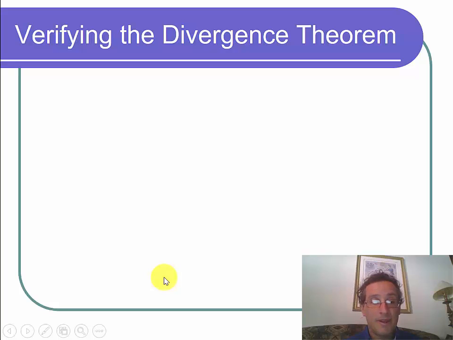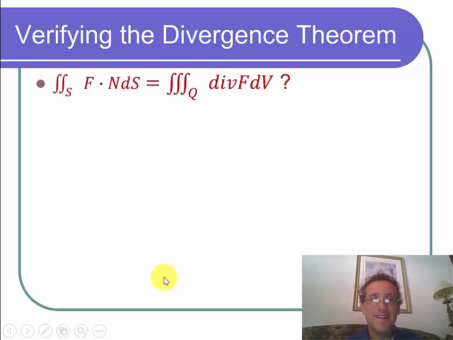Often, when we're thinking about the divergence theorem, we want to make sure it works. The question I have is, let's verify the divergence theorem for a specific example.